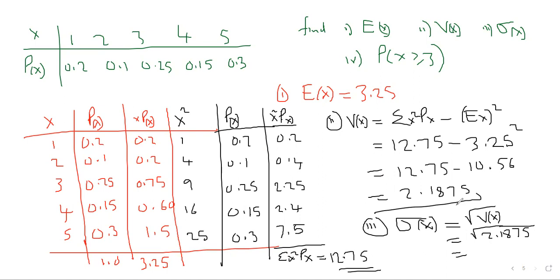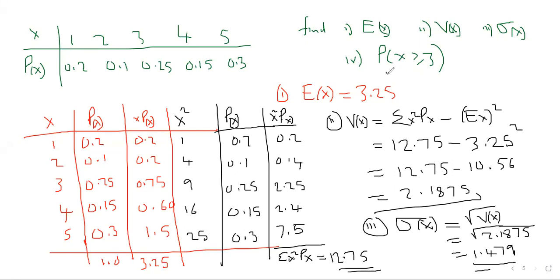People confuse square root and the square. It should be smaller than this, 1 point something. 1.479. I did the square root of 12.75 instead of 2.1875.